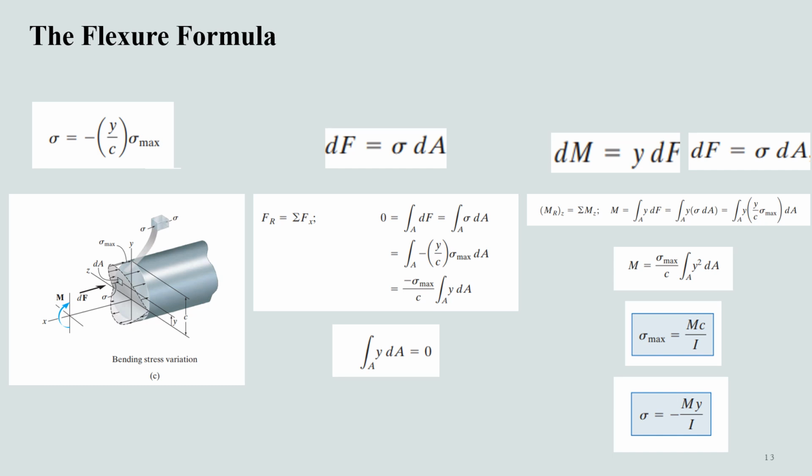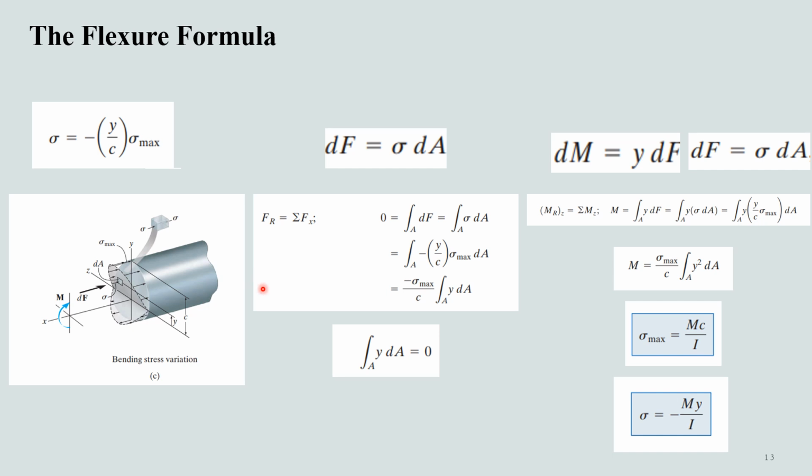If we select a volume element of material at a specific point on the cross section, only tensile or compressive normal stresses will act on it. For example, you can see here that this small element located at a distance y from the neutral axis has only compressive stresses acting on it.